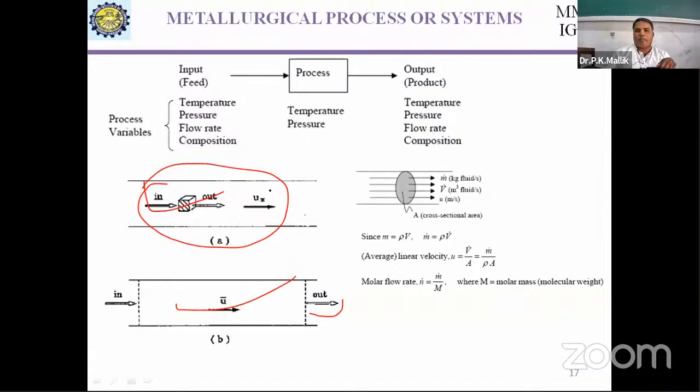Here are the different parameters in metallurgical process systems. The input parameters are the process variables like temperature, pressure, flow rate, and composition. The output variables, the product variables, are also temperature, pressure, flow rate, and compositions. So these are the different terms.